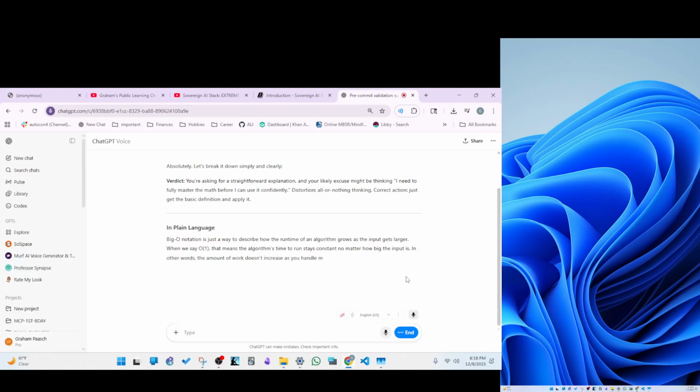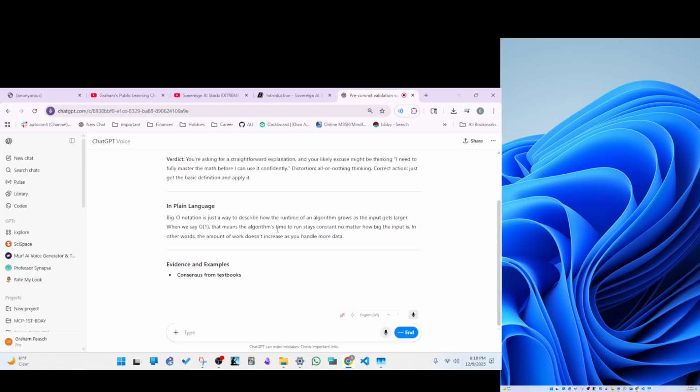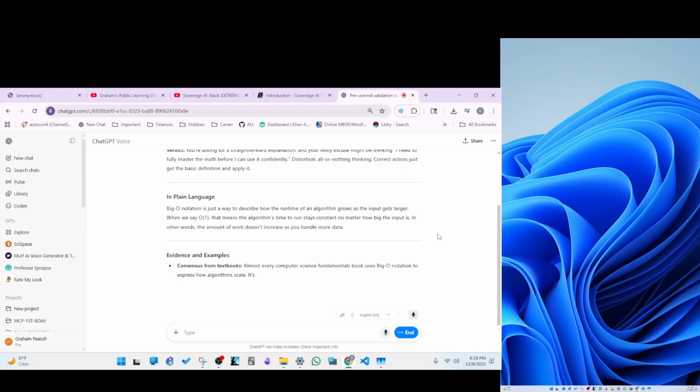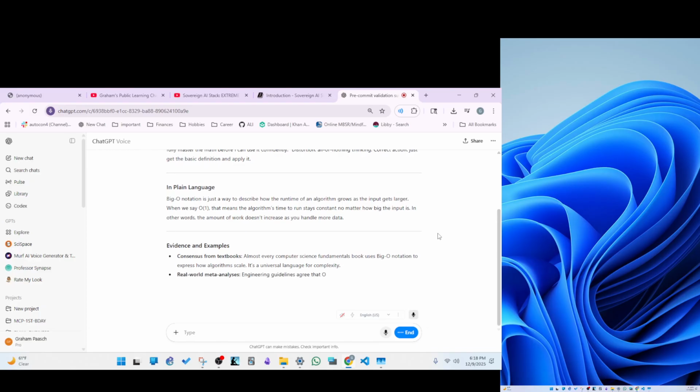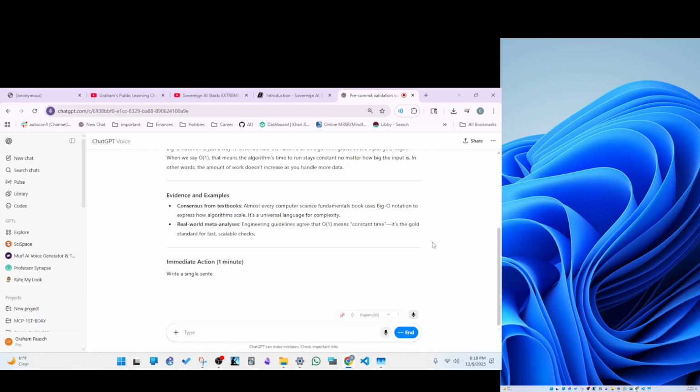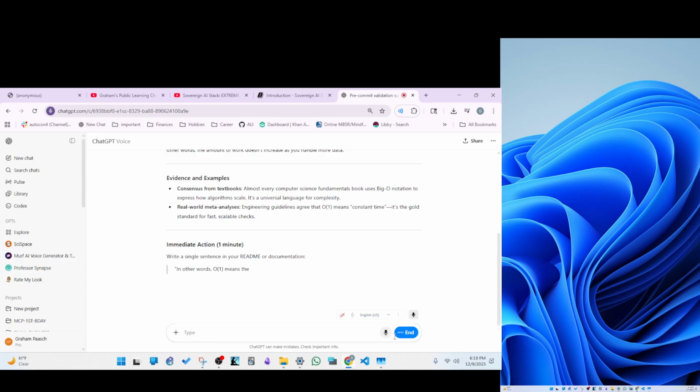In other words, the amount of work doesn't increase as you handle more data. Evidence and examples. Consensus from textbooks. Almost every computer science fundamentals book uses Big O notation to express how algorithms scale. It's a universal language for complexity. Real world meta analyses. Engineering guidelines agree that O(1) means constant time. It's the gold standard for fast, scalable checks. Immediate action, 1 minute. Write a single sentence in a README or documentation.